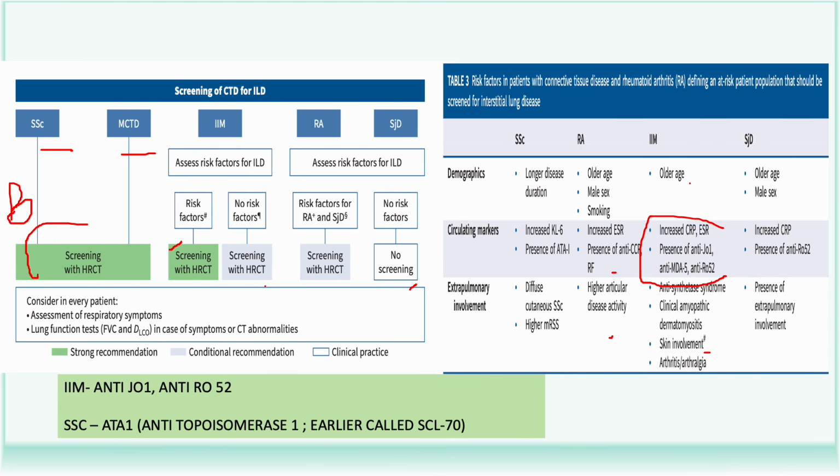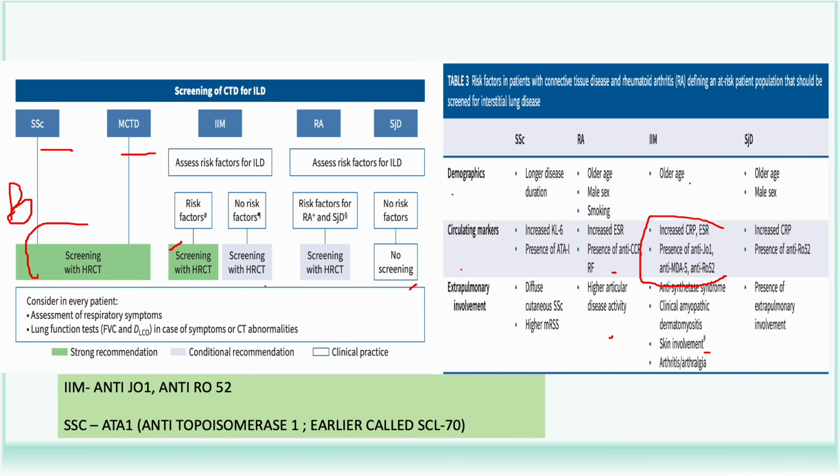And they do mention that you don't need to blanket screen all of these populations, but you look for these specific demographics, you look for these circulating markers, you look for these biological red flags to trigger an HRCT. And this will trigger a highly personalized risk approach. Just having an autoimmune disease will not be enough. If you have these risk factors, you definitely need to screen.